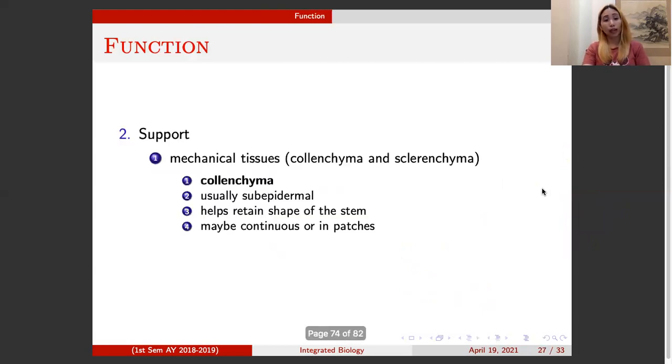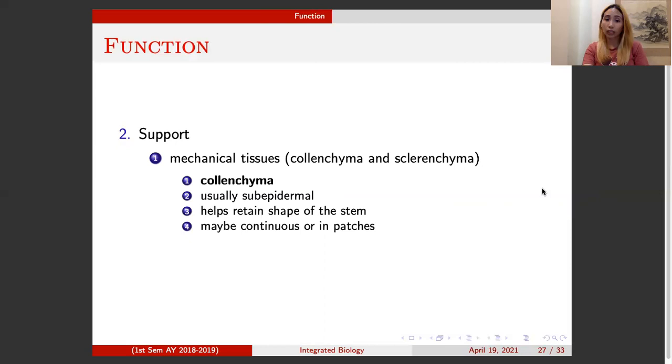And then, of course, we have support, right? So the stem contains mechanical tissues such as your collenchyma and sclerenchyma, rather, not parenchyma, collenchyma and sclerenchyma tissue, right? So here we just give you attributes of collenchyma, right, which are usually subepidermal.